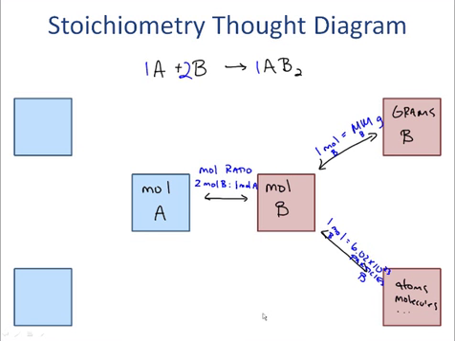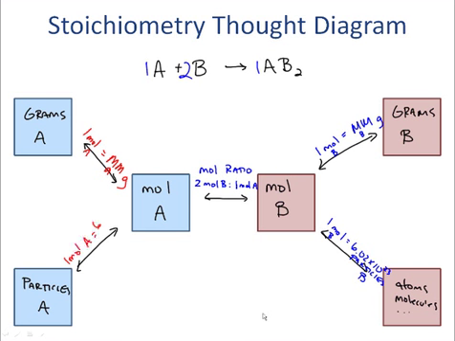Alright, on the other end, before I do a mole ratio calculation, I could do the same thing, going back and forth between grams of A and particles of A. In this case, again, 1 mole of A is going to equal the molar mass of A in grams, and 1 mole of A is equal to 6.02 times 10 to the 23rd particles of A.